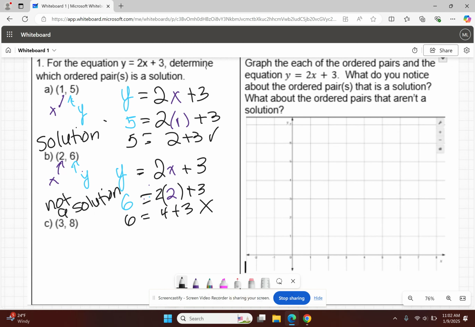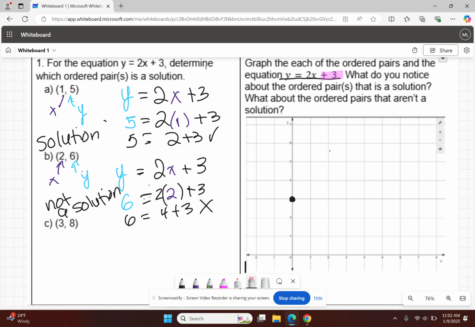When we graph our equation y equal to 2x plus 3, I want you to remember that plus 3 is our y-intercept. So we're going to graph it right on the y-axis where that value is 3. Then we look at our slope. It is 2 right in front of our x. Remember, any number that doesn't have a denominator, we can assume is being divided by 1.